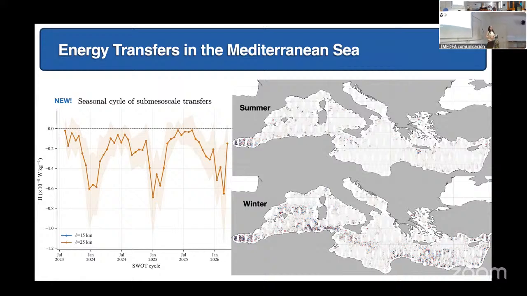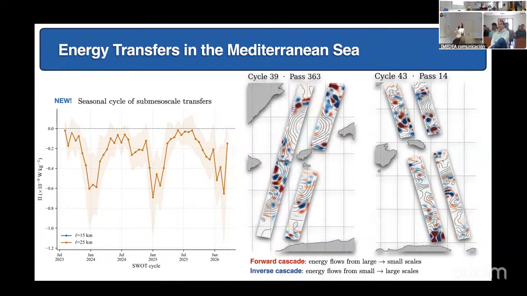So how do you estimate this from the data? How do you measure the energy transfer? Here it's a technique called coarse graining, where you use a filter.